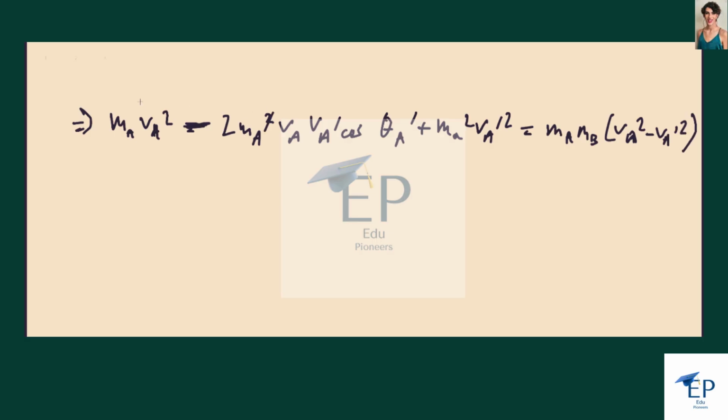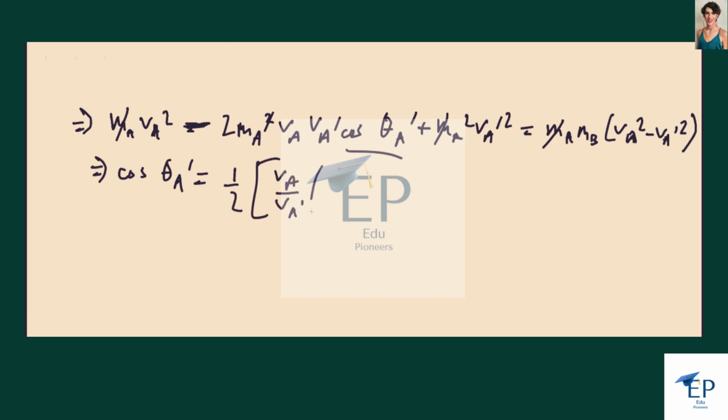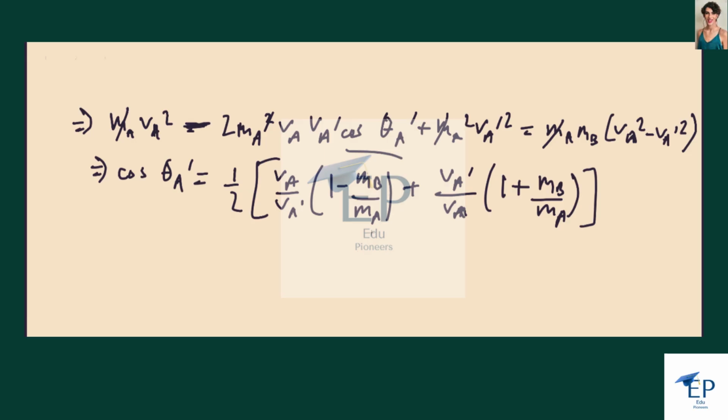So one MA factor drops out from everything. And you make cosine theta A prime the subject. What you get is cosine theta A prime, the scattering angle, is 1/2 of VA over VA prime times (1 minus MB over MA) plus VA prime over VA times 1/2 times (1 plus MB over MA). All right, that is our equation.